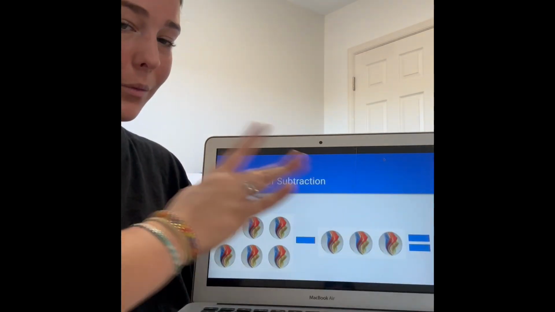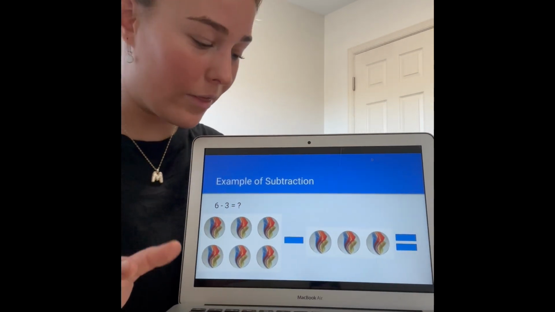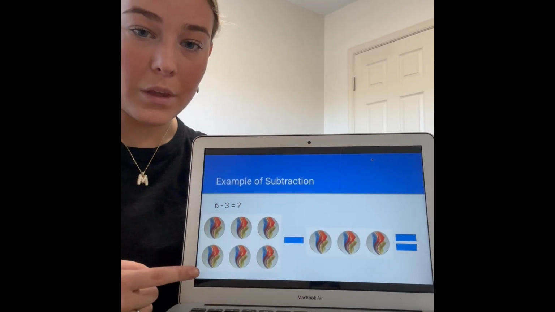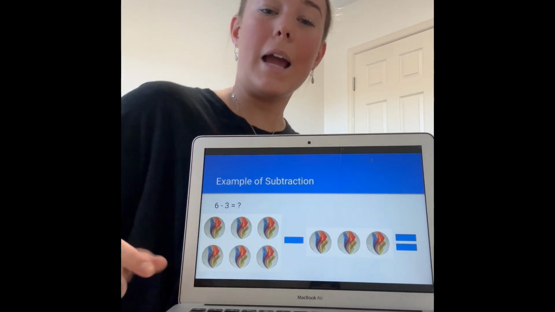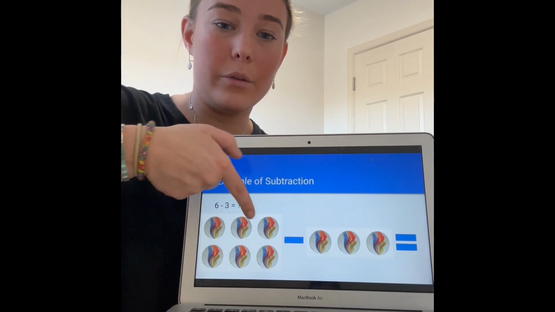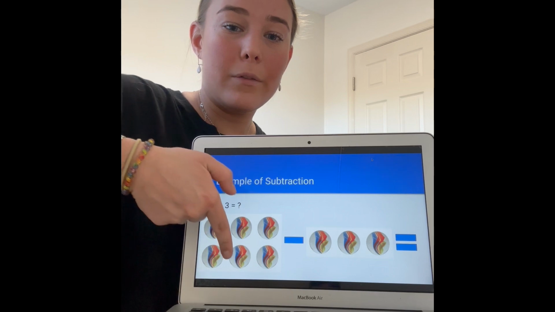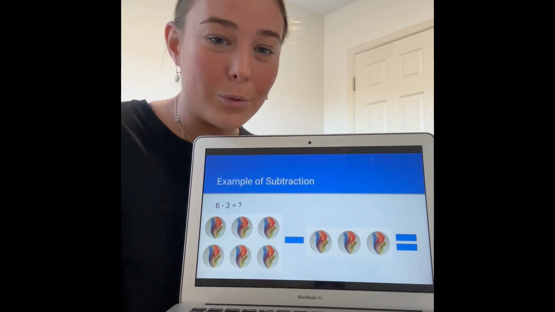We're going to work on one subtracting problem all together. We have some marbles, right? We have 1, 2, 3, 4, 5, 6 marbles.